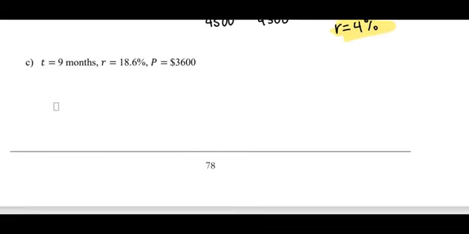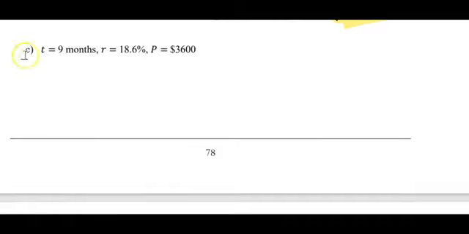Okay. So part C, we have T equals 9 months, R is 18.6%, and principal is 3,600. Okay. So start with writing down the formula, I equals PRT, right?